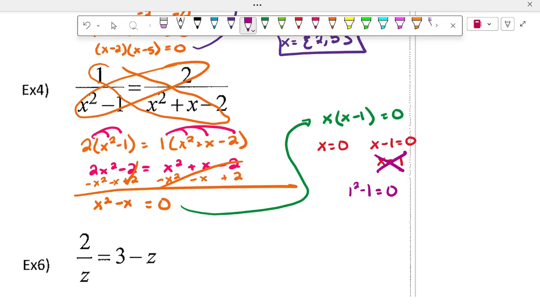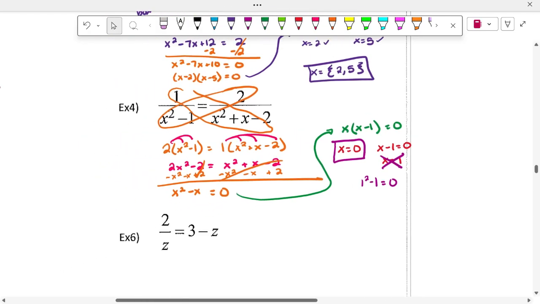So as long as you test 1, you don't have to bother testing the other. It's automatically extraneous. So your answer is x equals 0. So again, as long as you get one fraction that's 0, at least one, it could be both, it's automatically extraneous. We don't want undefined anywhere, even if it's undefined on both sides.